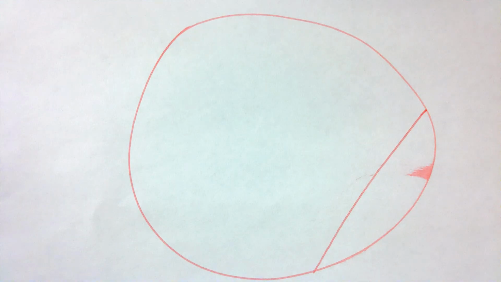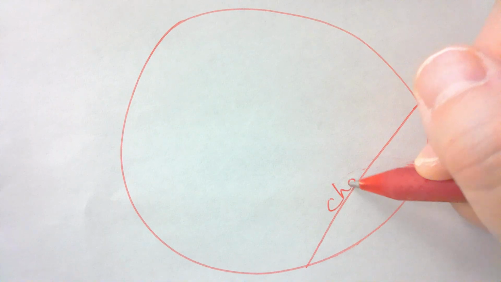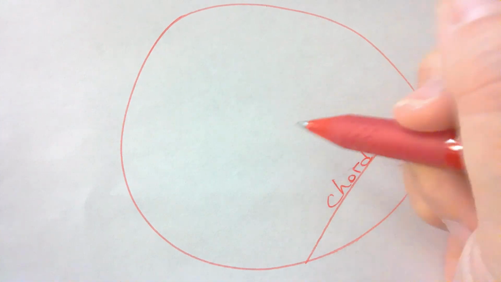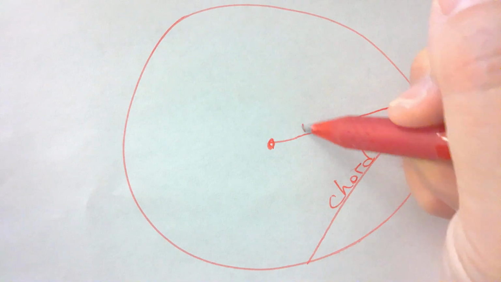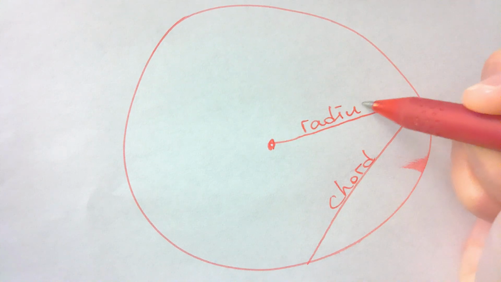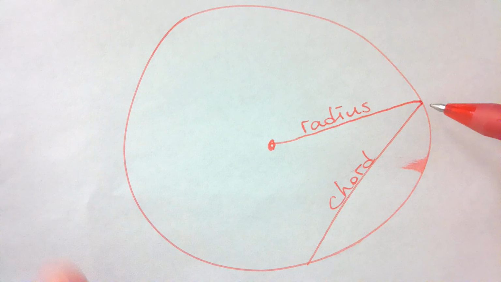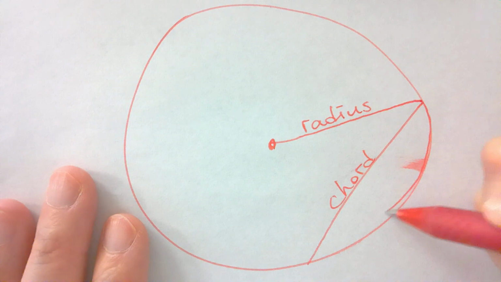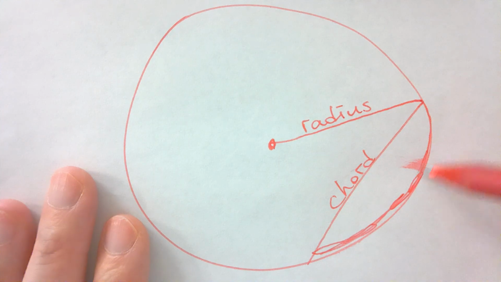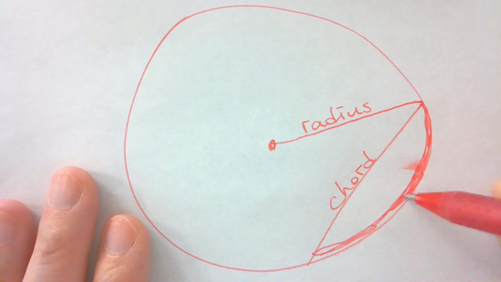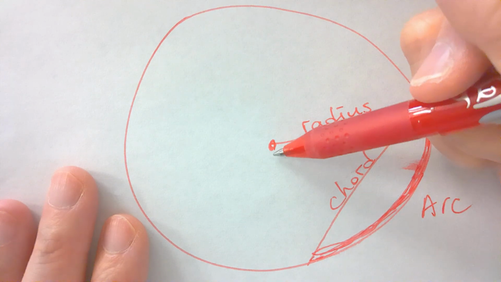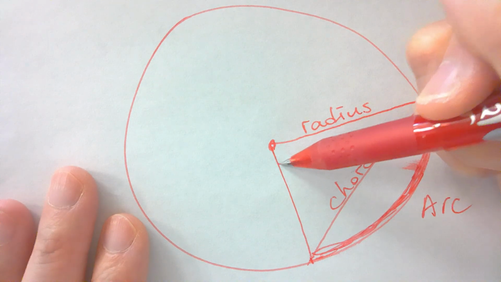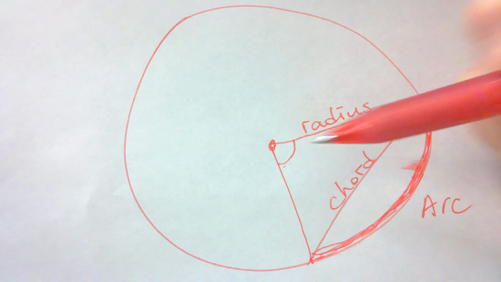What is this called? Chord. Right, chord. What is this called? Radius. What is this called? What is this angle called?